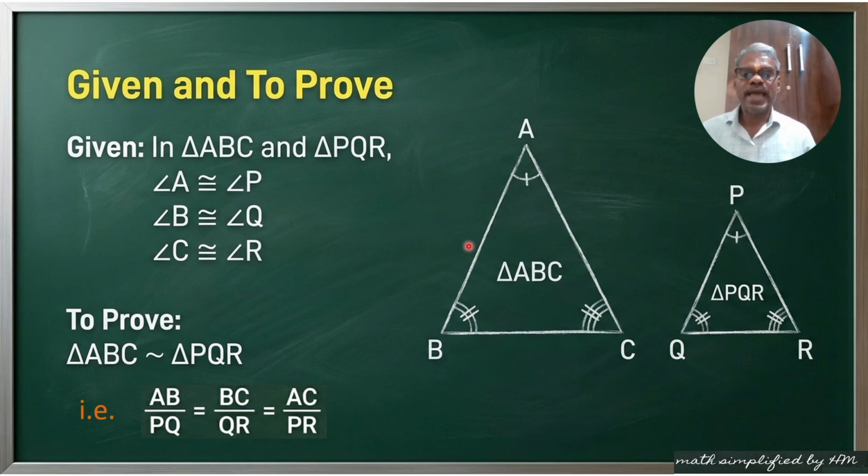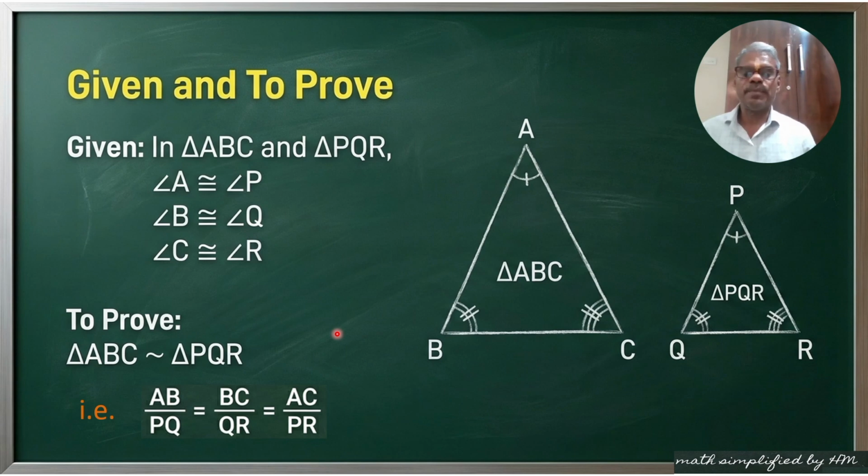Given, in triangle ABC and in triangle PQR, angle A is congruent to angle P, angle B is congruent to angle Q, and angle C is congruent to angle R. Now we have to prove that triangle ABC is similar to triangle PQR.